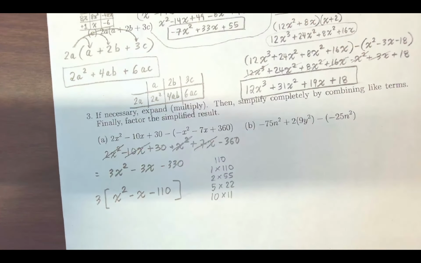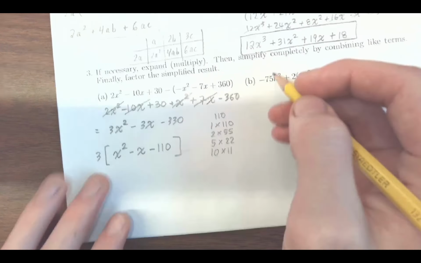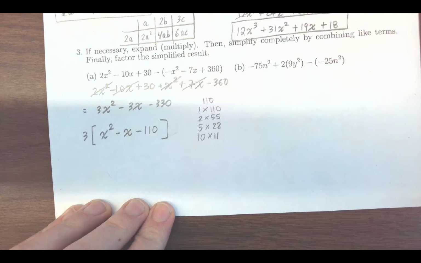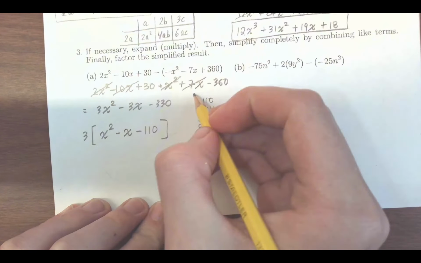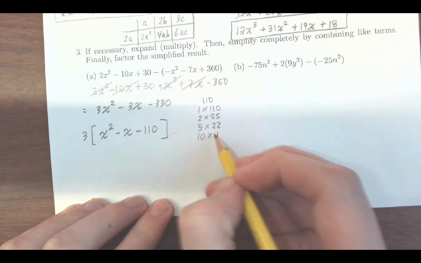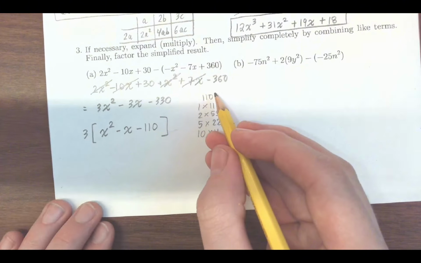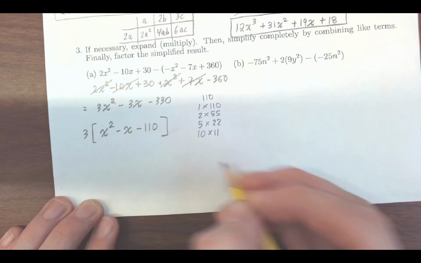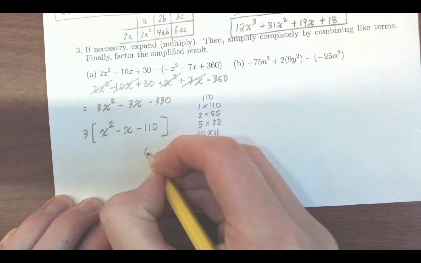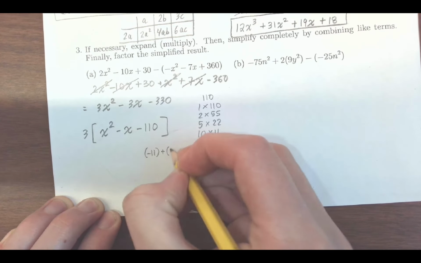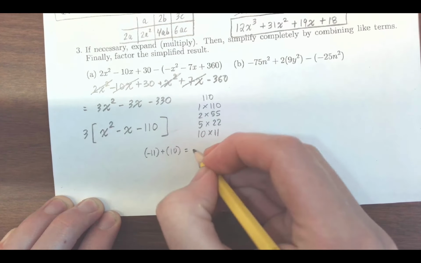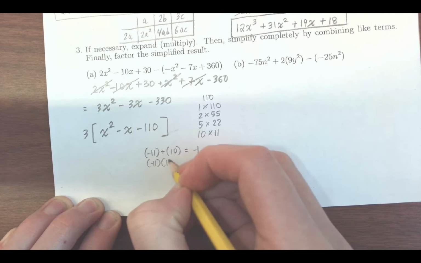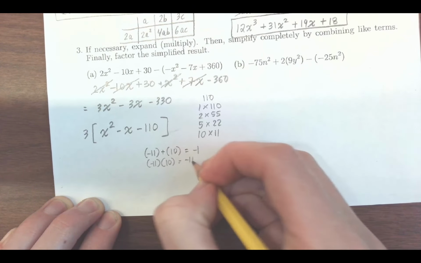Okay, so my video did something really weird. But basically I was saying that 10 and 11 would also multiply to 110, and I could see how negative 11 plus 10 is negative 1, and negative 11 times 10 would be negative 110.